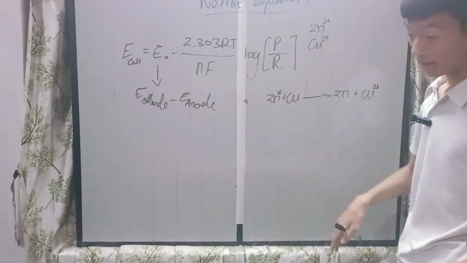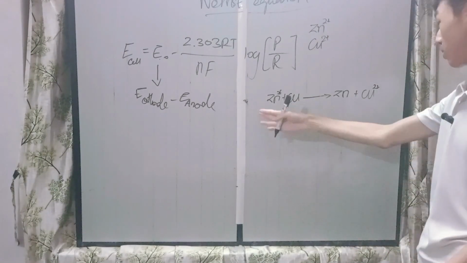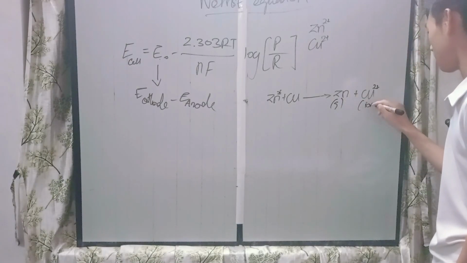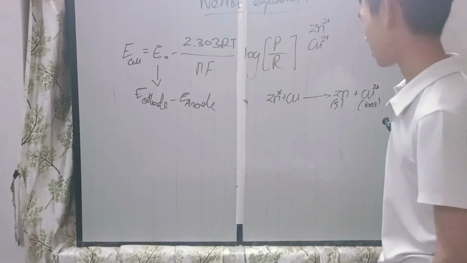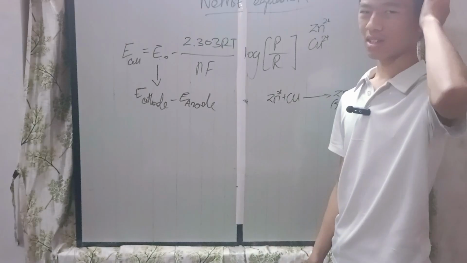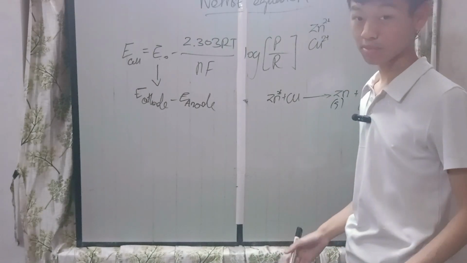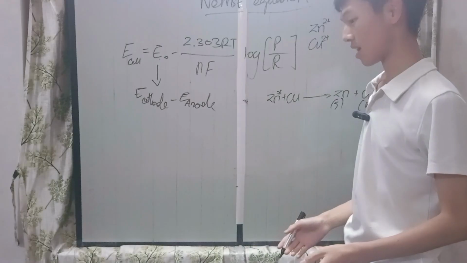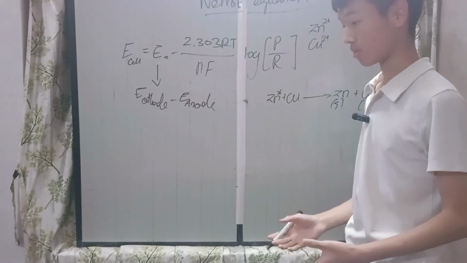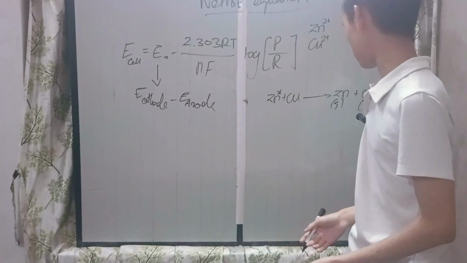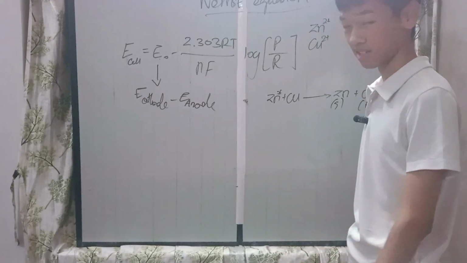The zinc ions will become solid. This is solid, this is ions. In a galvanic cell reaction, one electrode loses its mass and becomes ions, and the other gains mass as solid is deposited there.